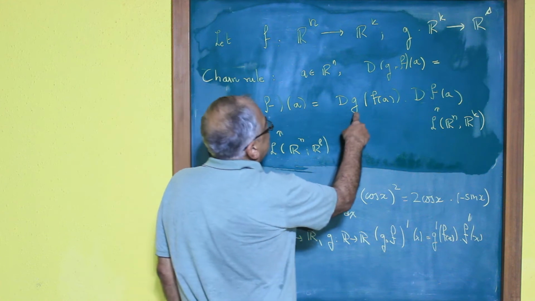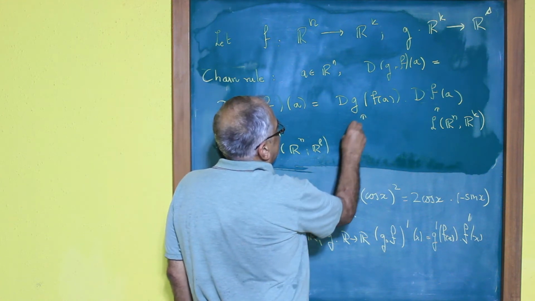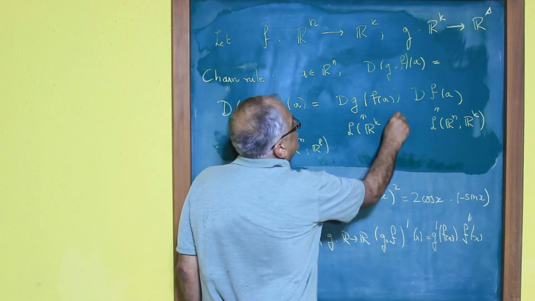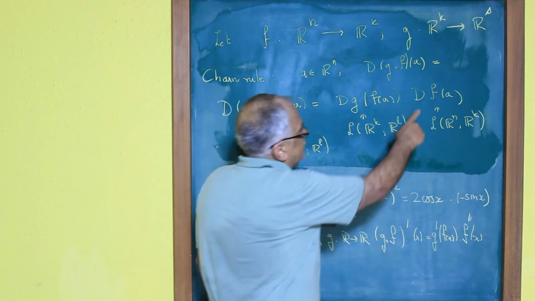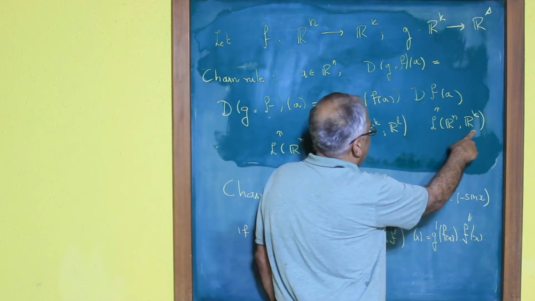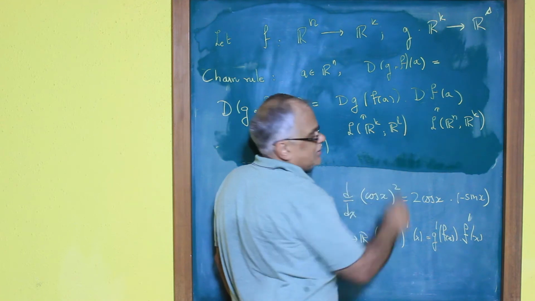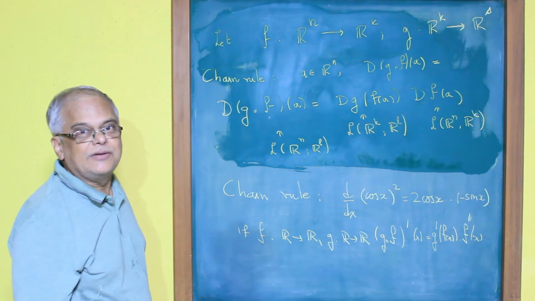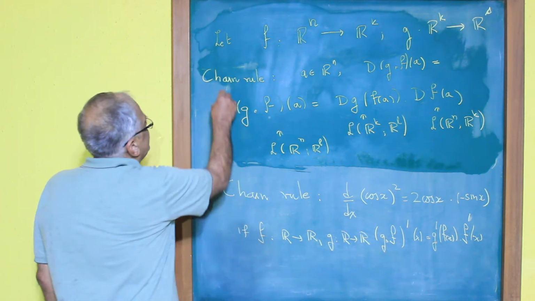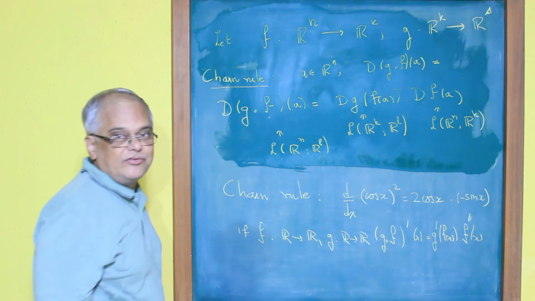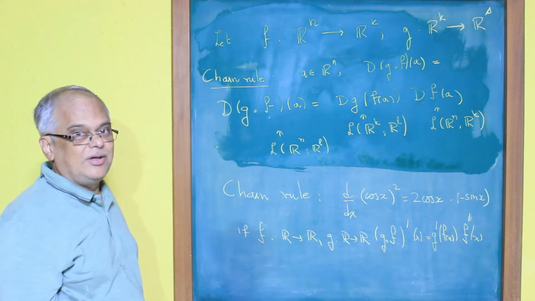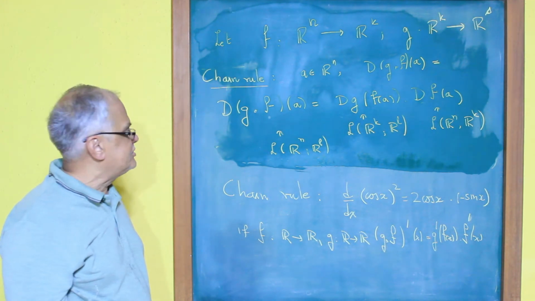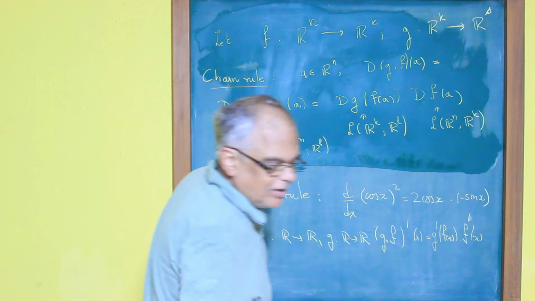And the derivative of g at some point is a linear map from Rk to Rl. So this is something which will take Rn to Rk, and this is something which will take that element in Rk to the element in Rl, which is what you have here. Okay? So this is what the chain rule is. And we'll be needing this in quite a few places, and actually this is more complicated than it appears at first sight.